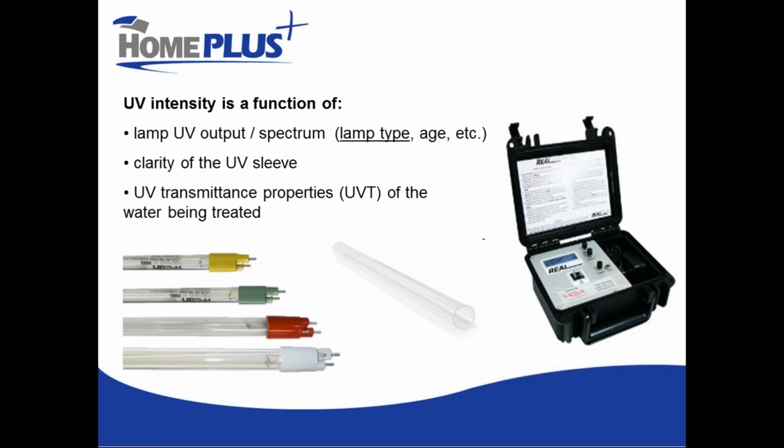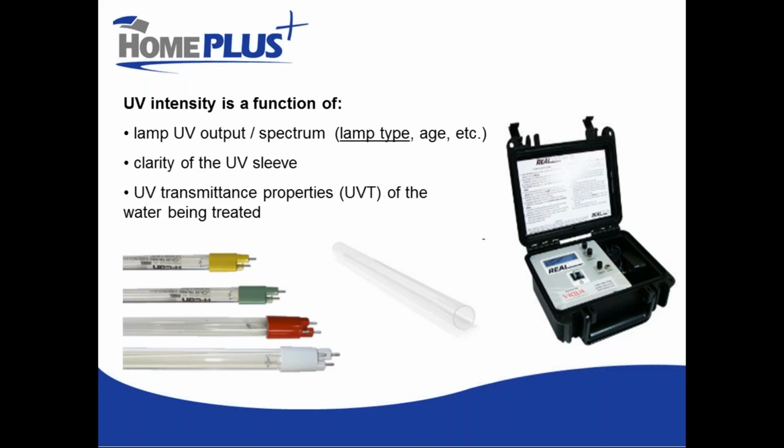So they can actually have a fairly slow, gradual decline within the lamp hours that are recommended by the manufacturer, but tail off quite dramatically after that. So we do want to make sure that lamps are replaced on schedule. In between the water and the UV lamp, you will always have some sort of UV sleeve.